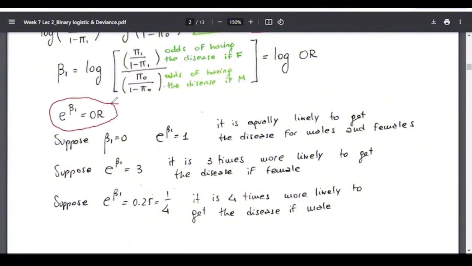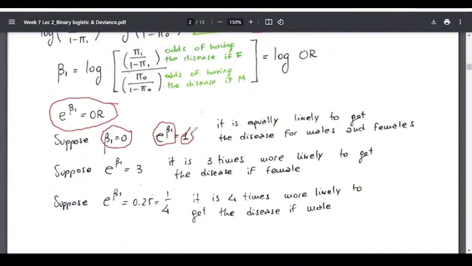Exponentiation of beta 1 equals the odds ratio. Now I can give it an interpretation if I know the value of beta 1. If beta 1 equals 0, what does that mean? Exponential raised to power 0 is going to be 1. When the odds ratio equals 1, that is 50-50 for both male and female. And that was why I said it is equally likely to get the disease for male and female.